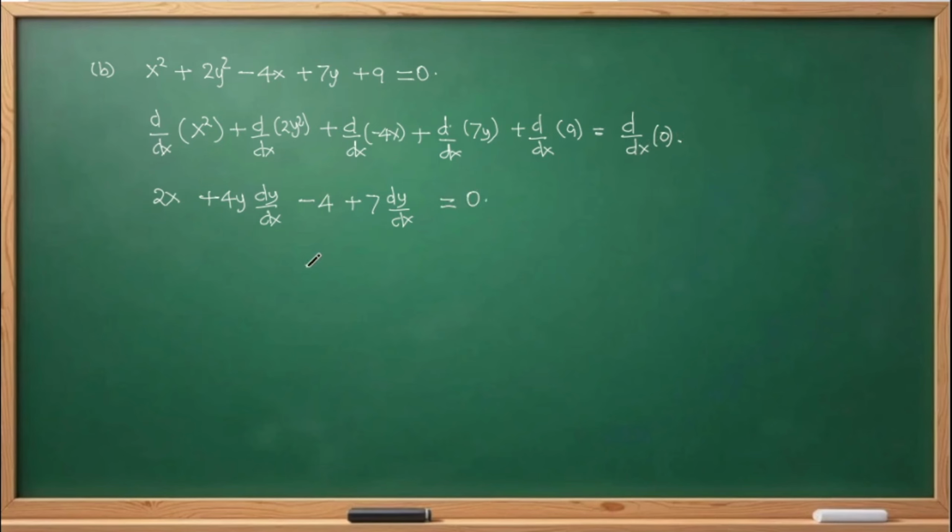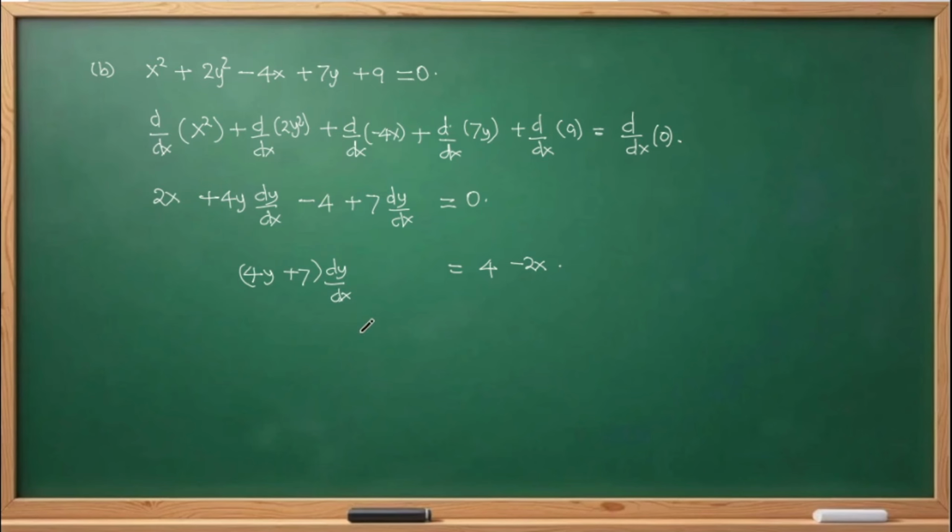Collecting these terms together with the derivative function, we can take their coefficients, 4y plus 7, and then multiply by dy by dx. The remaining terms we take to the other side, and we have 4 minus 2x.